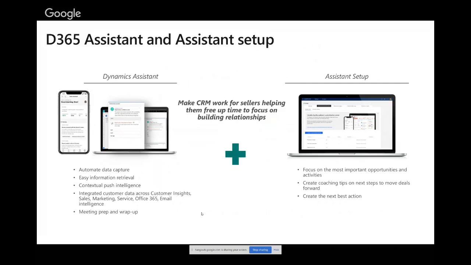It looks at how we drive a seller's productivity by giving them a set of recommendations and actions in the right context, at the right time, whether they are on the go or back in the office working through their sales application. And on the other side of the aisle, how do we give organizations control of those experiences? How do we make organizations able to tailor those actions for specific sellers?